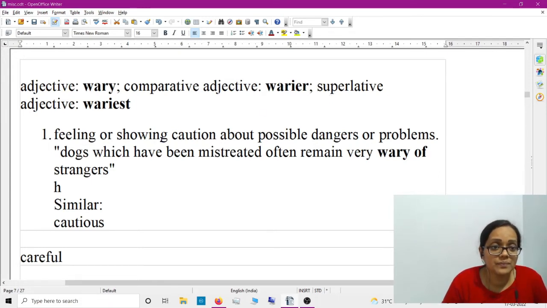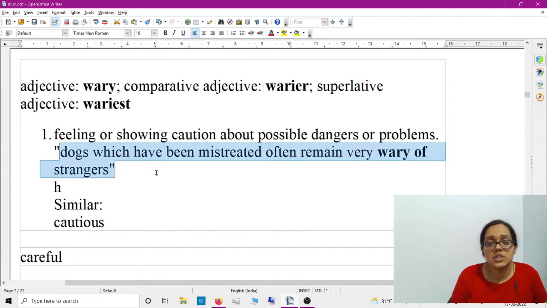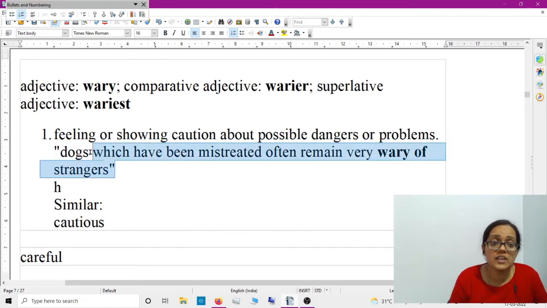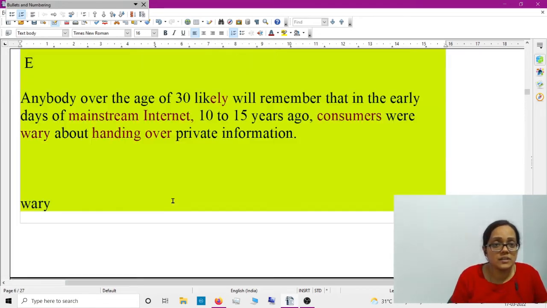Wary means showing caution. Dogs which have been mistreated often remain very wary of strangers.